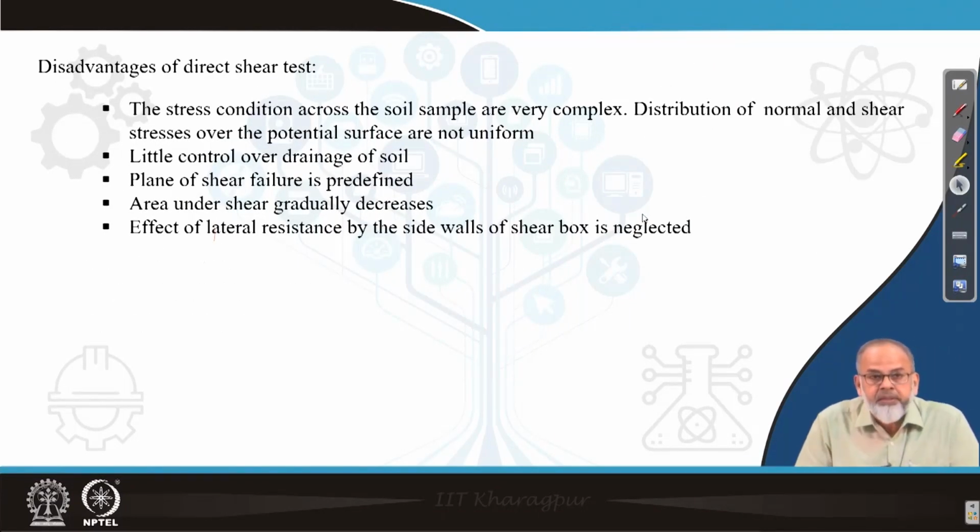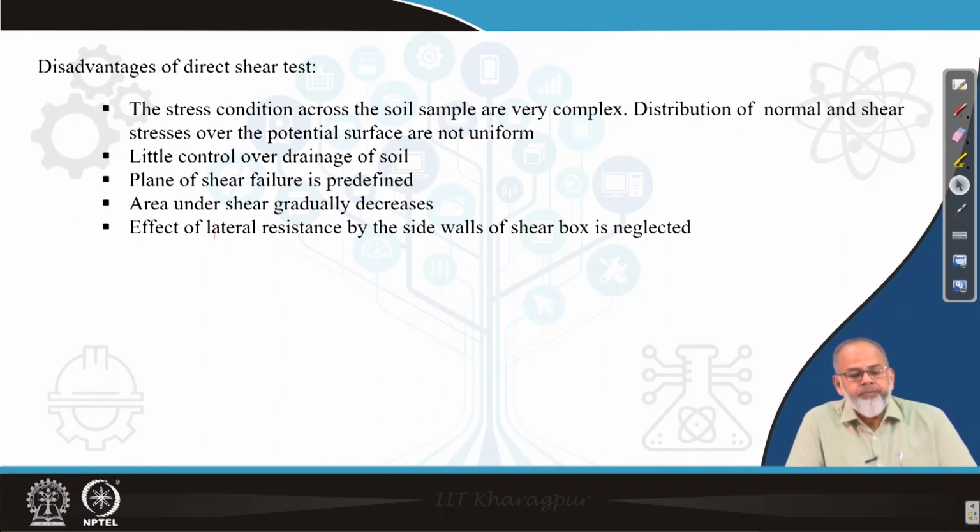The first disadvantage, among the five, is that the stress conditions across the soil sample are very complex. So, the distribution of normal and shear stress over the potential failure surface is not uniform.